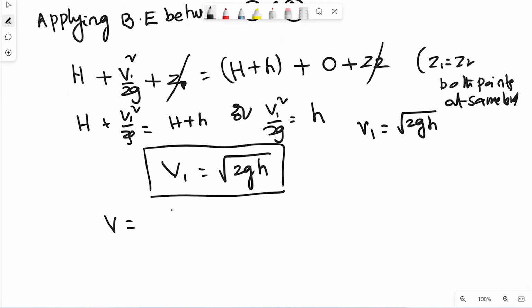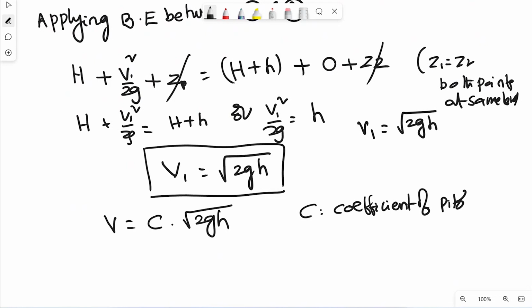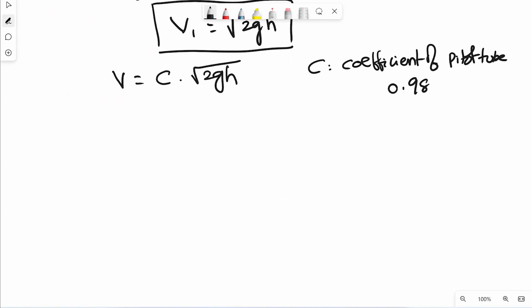Actual velocity is equal to C into root 2gh, where C is the coefficient of velocity, called the coefficient of Pitot tube. Generally, it will be around 0.98. So this is how the equation is used for measurement of velocity.